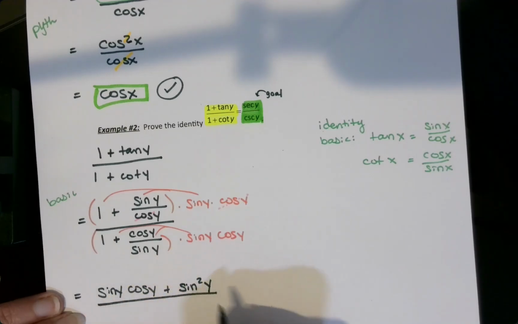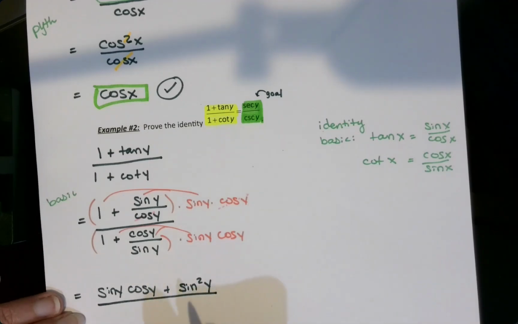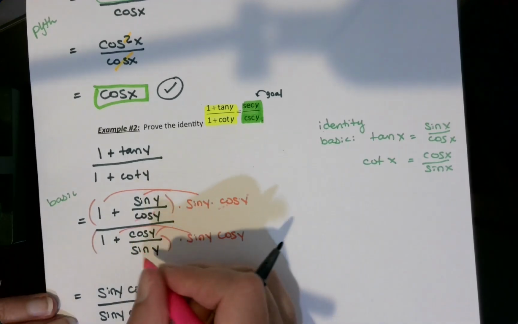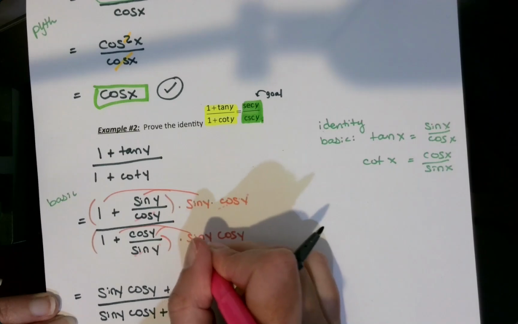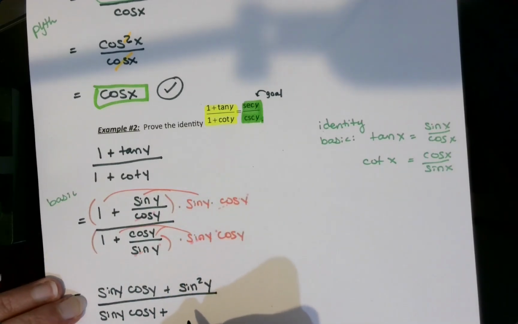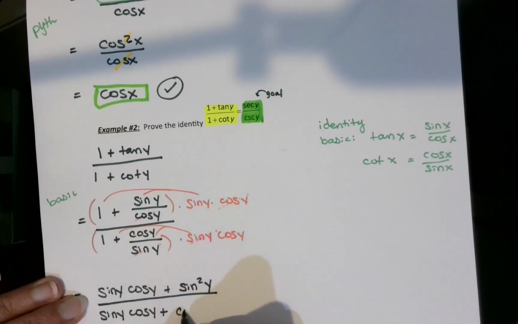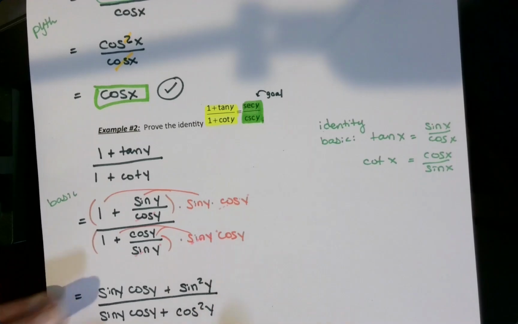On the bottom, 1 times the sine of y cosine of y is going to give me the sine of y times the cosine of y, plus here the sine of y is going to cancel, and that's going to leave me with the cosine of y times the cosine of y, so that is the cosine squared of y.